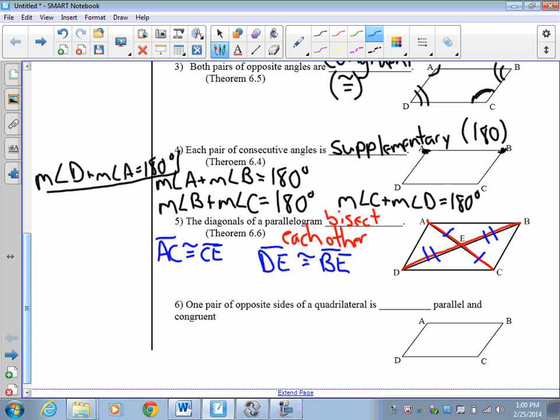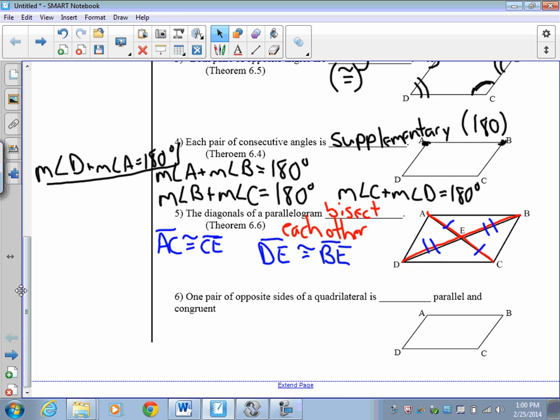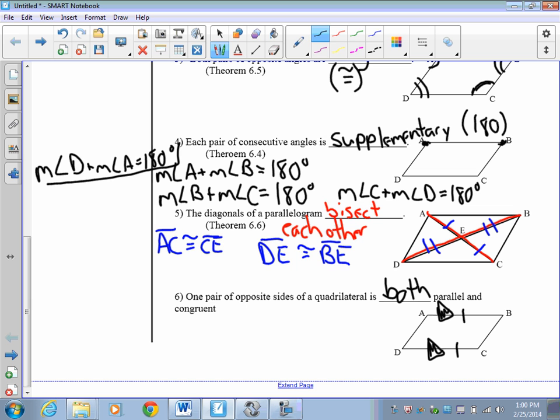The last property we have is one pair of opposite sides of a quadrilateral is both parallel and congruent. So an example of this would be where AB is parallel to DC and AB is also congruent to DC. So those are our properties of parallelograms.